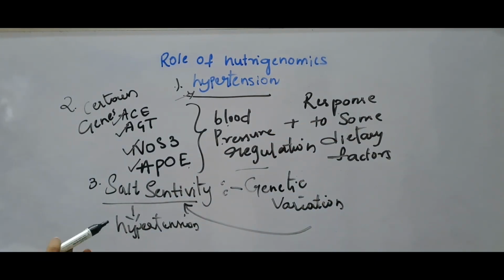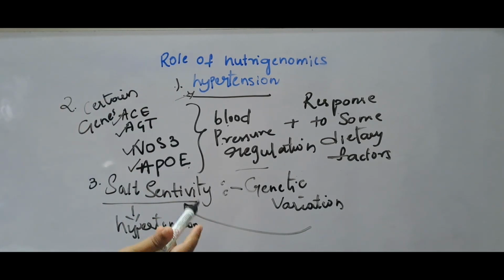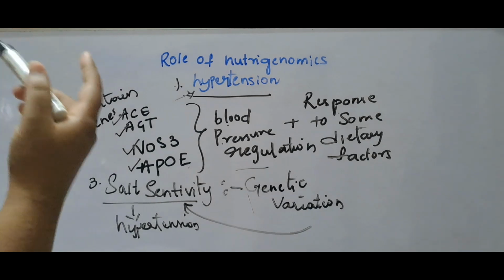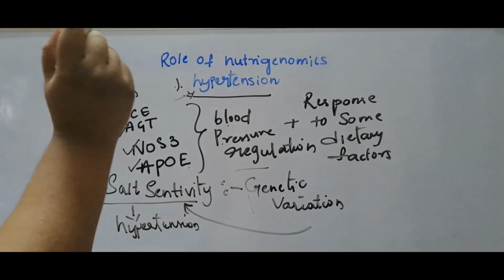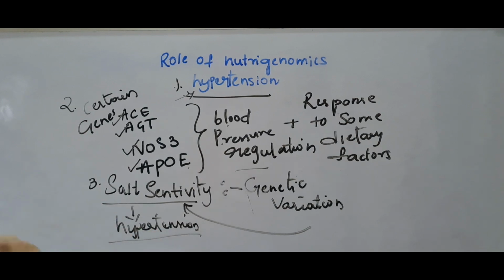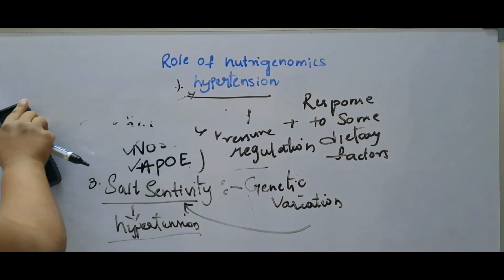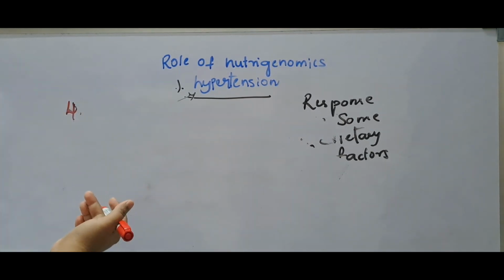The third point is salt sensitivity, in which every individual has their own genetic variation which responds to high consumption of salt, directly affecting hypertension. And the fourth point we need to include is better blood pressure control.